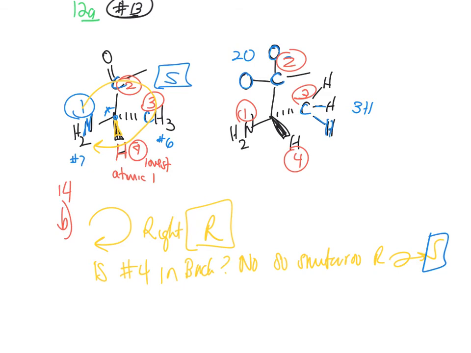Indicate which pathway from high priority to low priority: here it's clockwise, but then you do the switcheroo. The answer is S enantiomer, so that's 14D. All right, so let's do 15, and then you will have your additional problems to do.